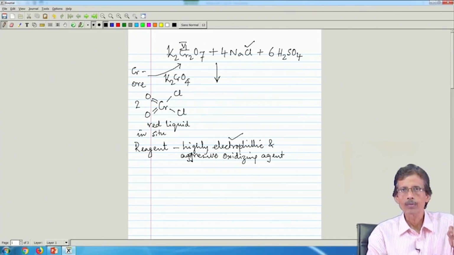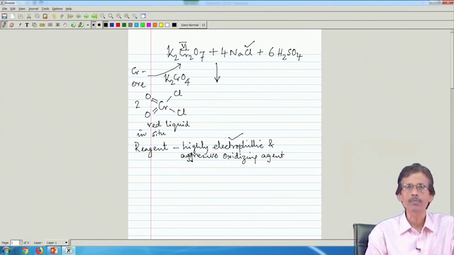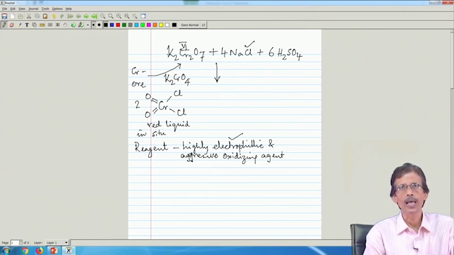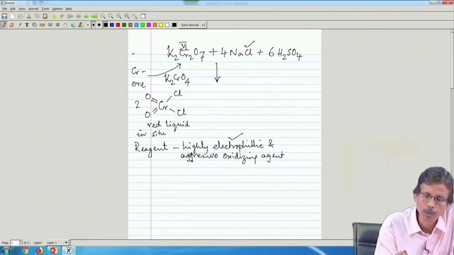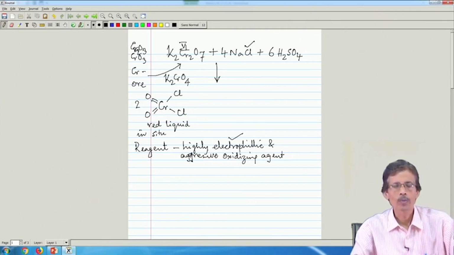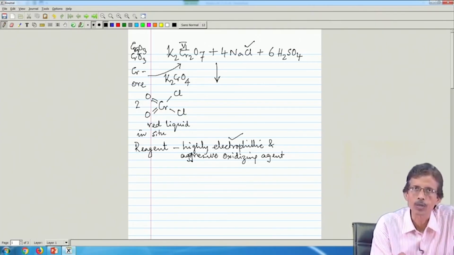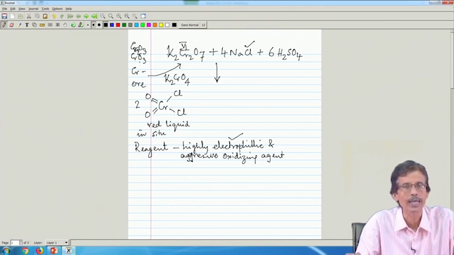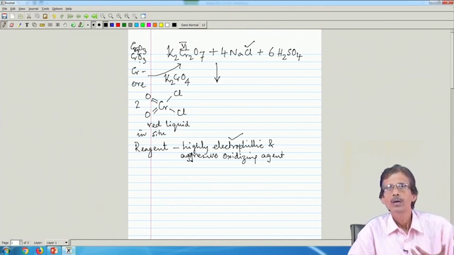So, once we make it through direct oxidation, sometimes in the laboratory we do it through an alkali fusion reaction, and that alkali fusion reaction converts this chromium ore, which can be your simple chromium oxide CrO3 or Cr2O3, chromium in the trivalent state, or chromium in the hexavalent state, which can be our ore material.